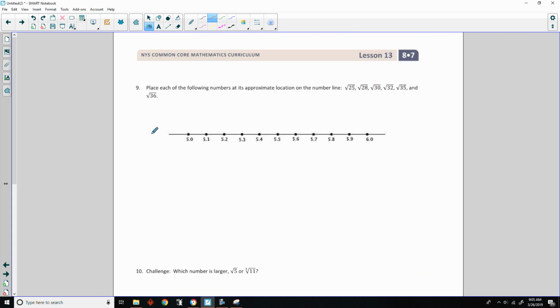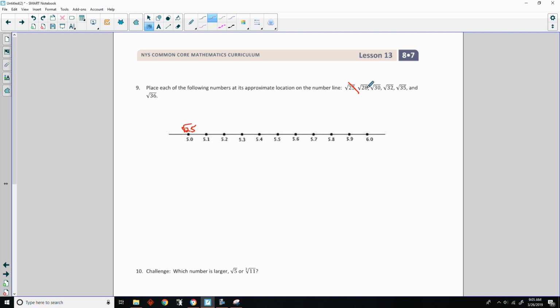Number 9, place each of the following numbers at its approximate location on the number line. Okay, so the square root of 25 is 5, so I'm going to put that right there. So that one's done. And the square root of 28, square root of 30. What we should do here is take these numbers on the number line and square them and see if we get a number that's close.